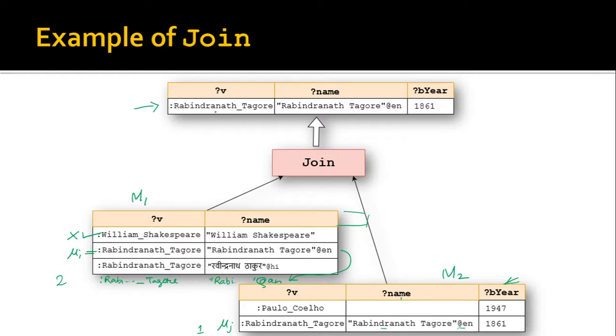So in that case, we would have a repetition of this same solution here, because we are taking a kind of product of these two solutions. So the multiplicity of the output would be 2 multiplied by 1, which is 2. So if we had a situation like this, we would have got two solutions here, right?